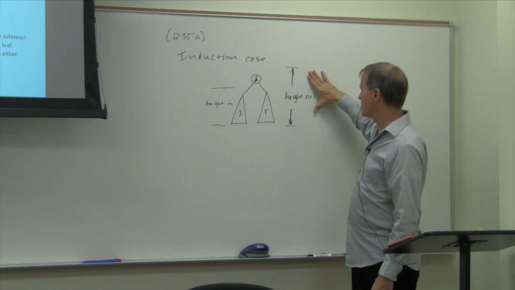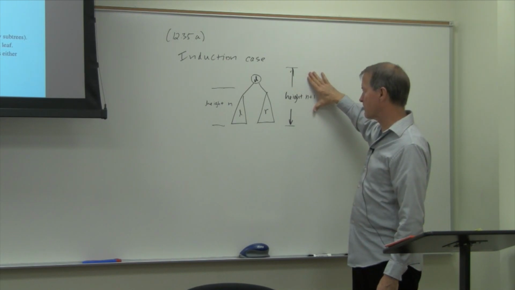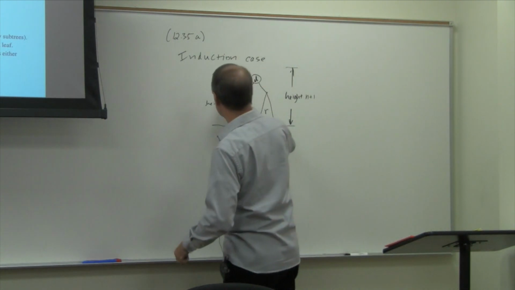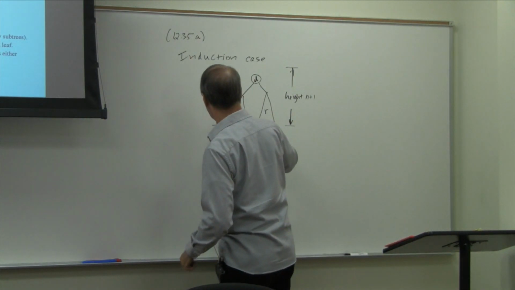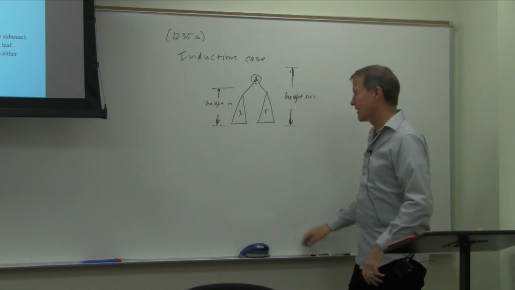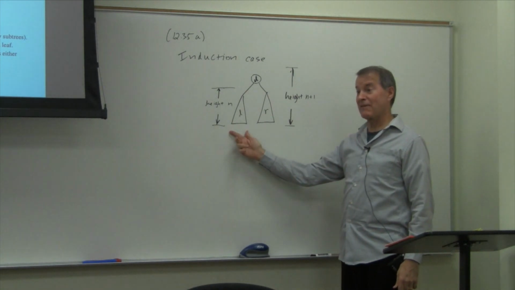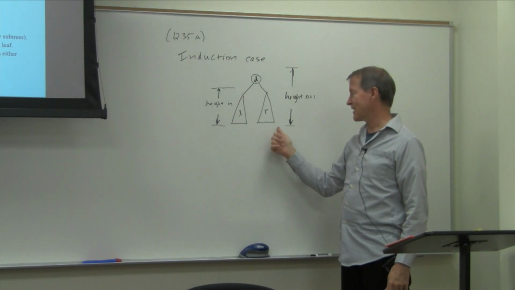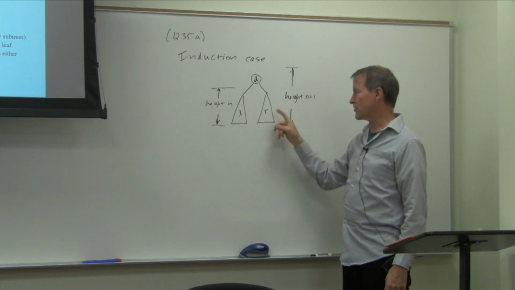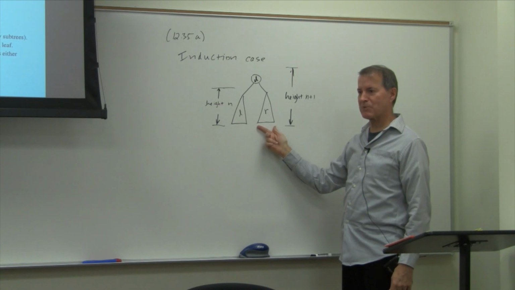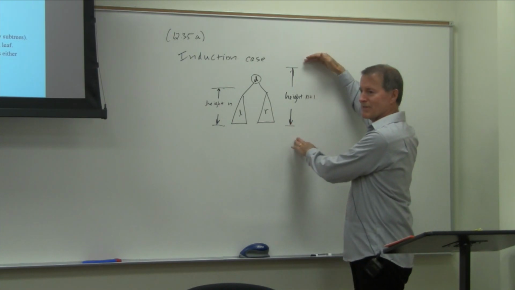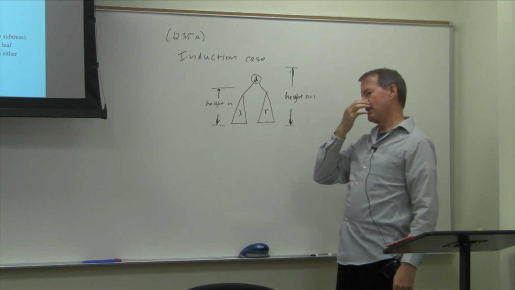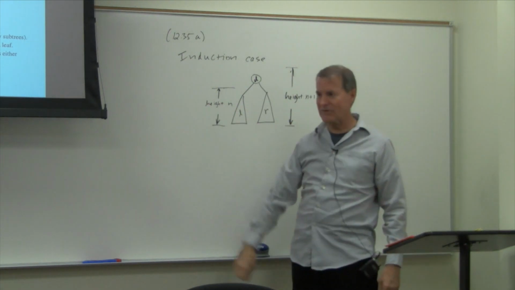In order for the height n plus 1 tree to have the maximum number of leaves, then L, from here to here, the left subtree is a tree of height n and must have the maximum number of leaves, and R, also of height n, also must have the maximum number of leaves. So therefore, the maximum number of leaves in this is the maximum number of leaves in this plus the maximum number of leaves in this. And then if you calculate that out, you'll get the induction case.